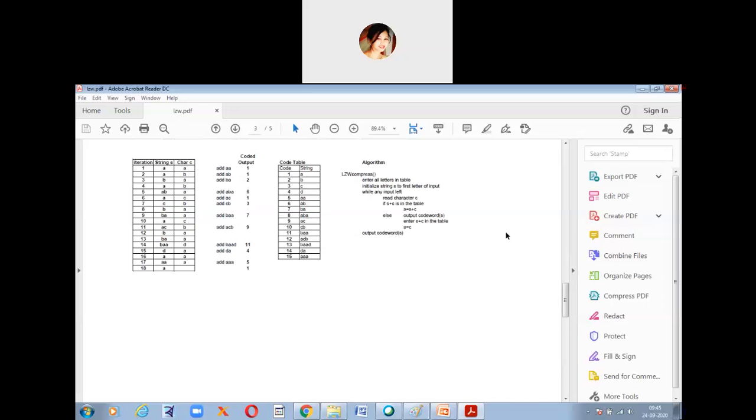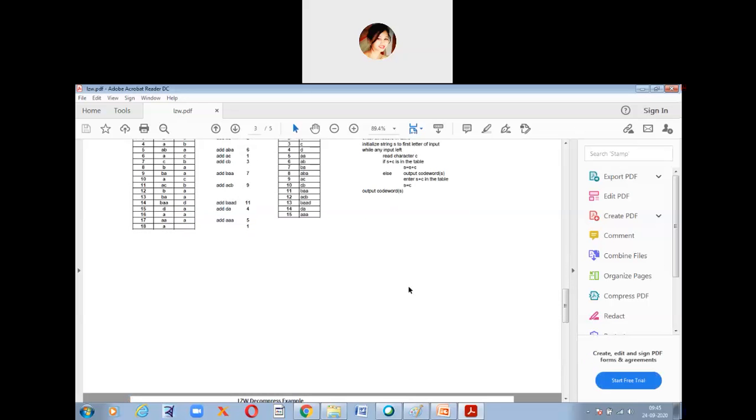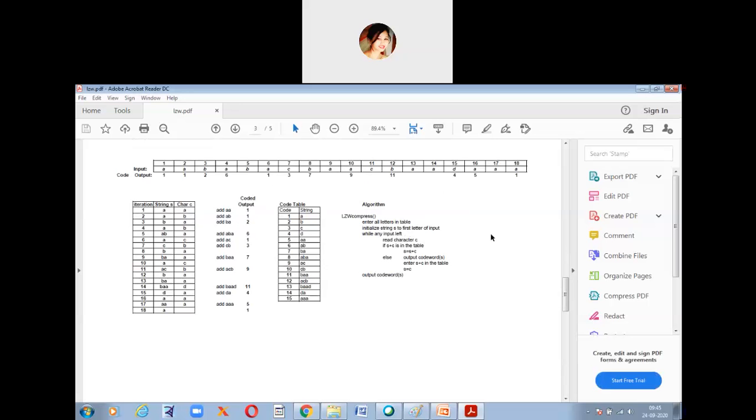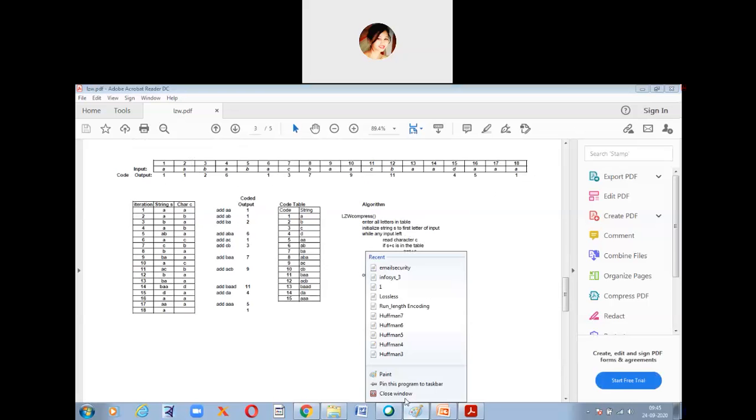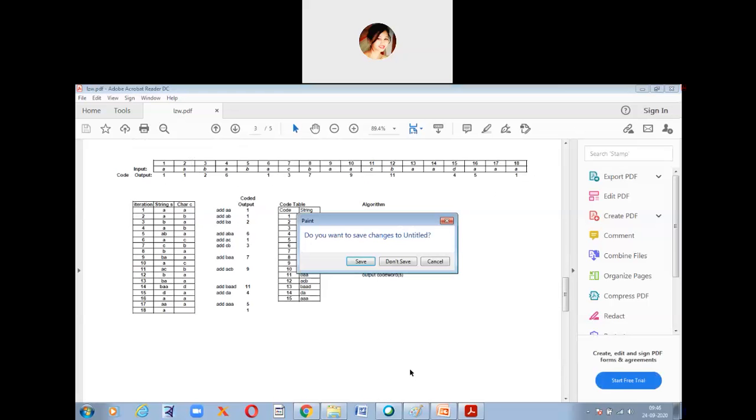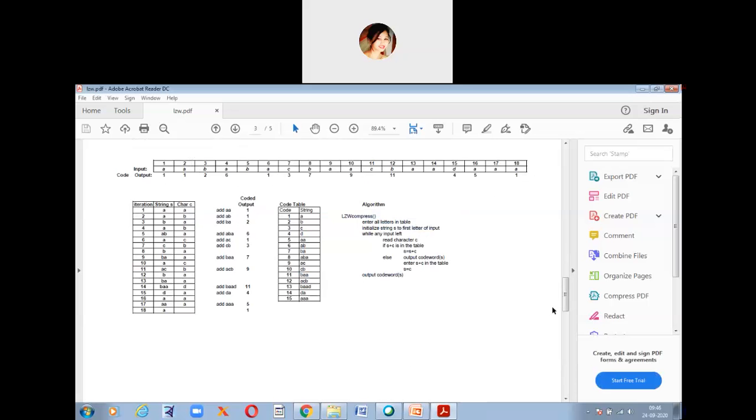This is also another example, but before going with this example, I want to show you another example here in my paper. Here, this is an example of the LZW technique.